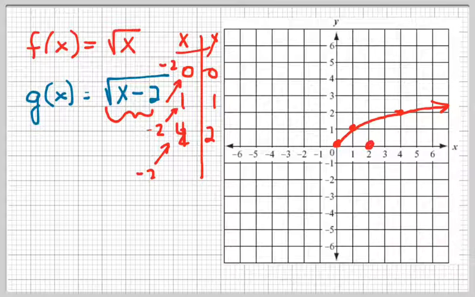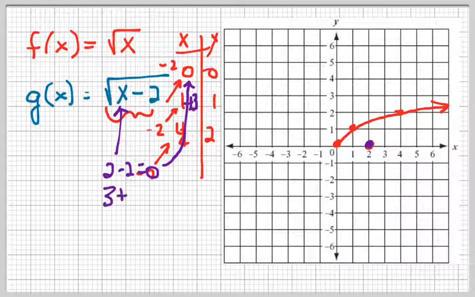Once you put a 2 into that function for x, you'll notice you get 0. So the positive 2 acts like a 0, a positive 3 acts like a 1, because 3 minus 2 is 1, and a 6 acts like a 4.